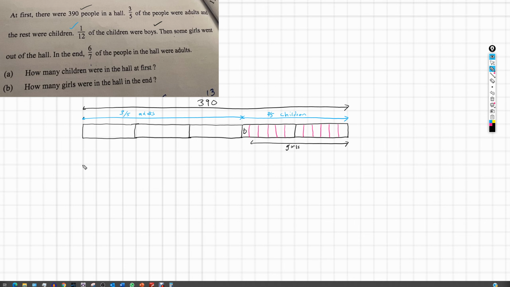Now, what I'm actually going to do is redraw this part of the bar, the part that represents the adults. I could just continue using the same bar, it doesn't matter. This is the adults.